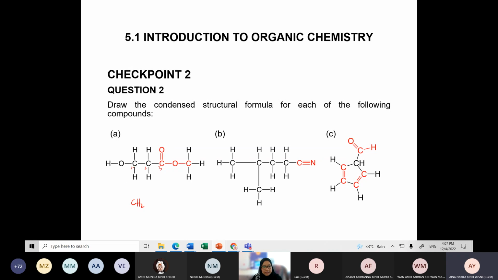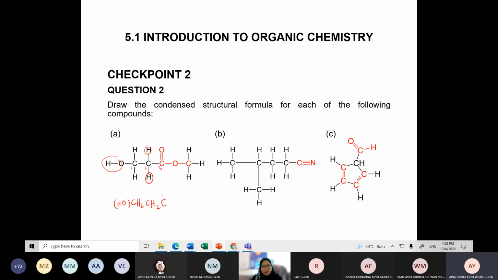This carbon is also attached to OH here, so I would use OH in the bracket. Then we have another CH2, carbon number 2, which is attached to 2 hydrogens, and then we have the third carbon, C.